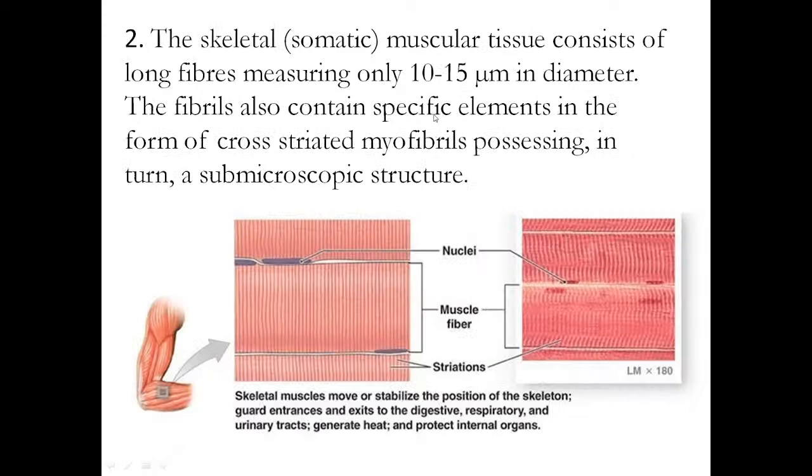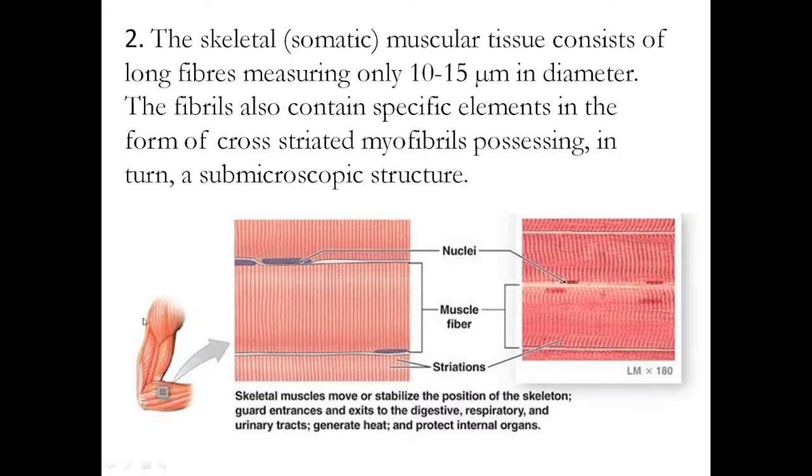Next, the somatic muscular tissue consists of long fibers, measuring only 10-15 micrometers in diameter. The fibrils also contain specific elements and form cross-striated myofibrils possessing in turn a submicroscopic structure.